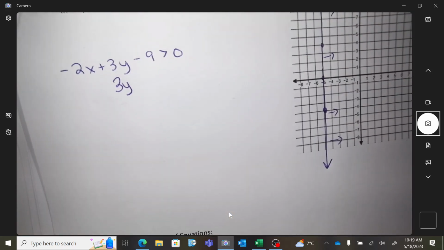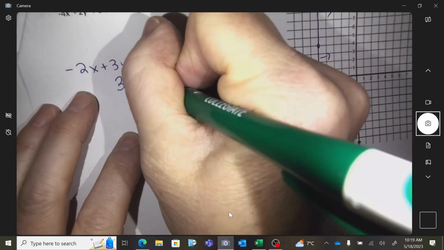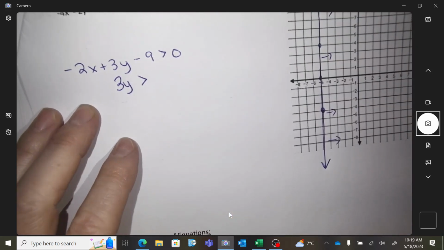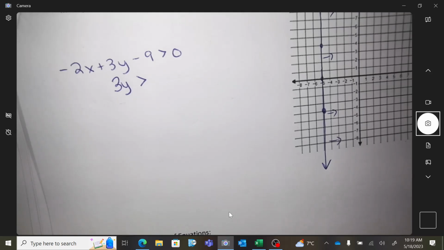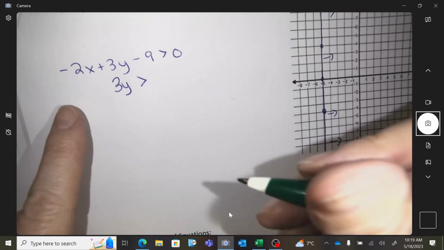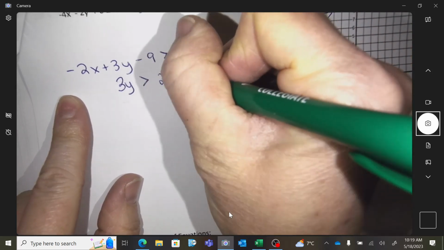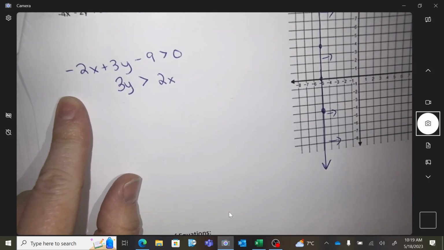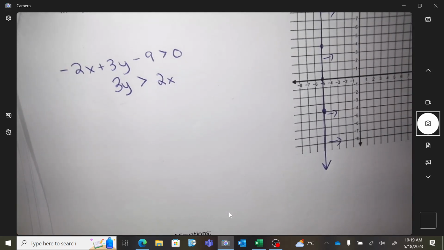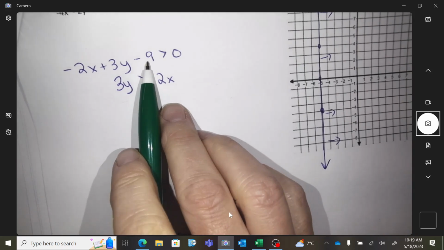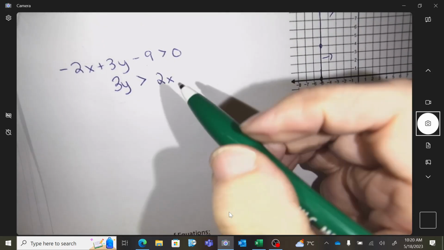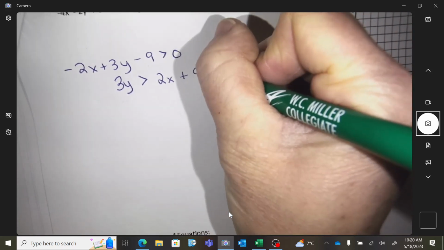Leave 3y right where it is. Greater than, the x stuff would need to go to the other side. So how do you write it on the other side? Positive 2x, because when you switch sides, right? The number was over here. I need to move it over to there. So it would be a +9.